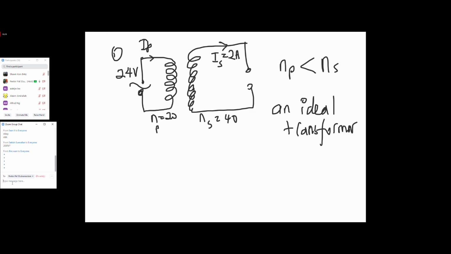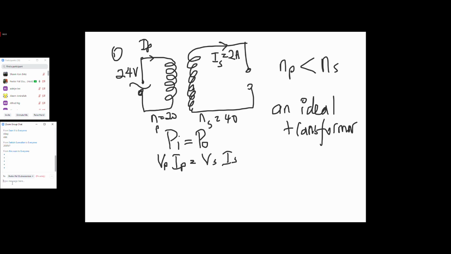Okay, let's calculate that, Satish. If it's an ideal transformer, we assume the input power is equal to the output power. Input power is VI. Output power is also VI.